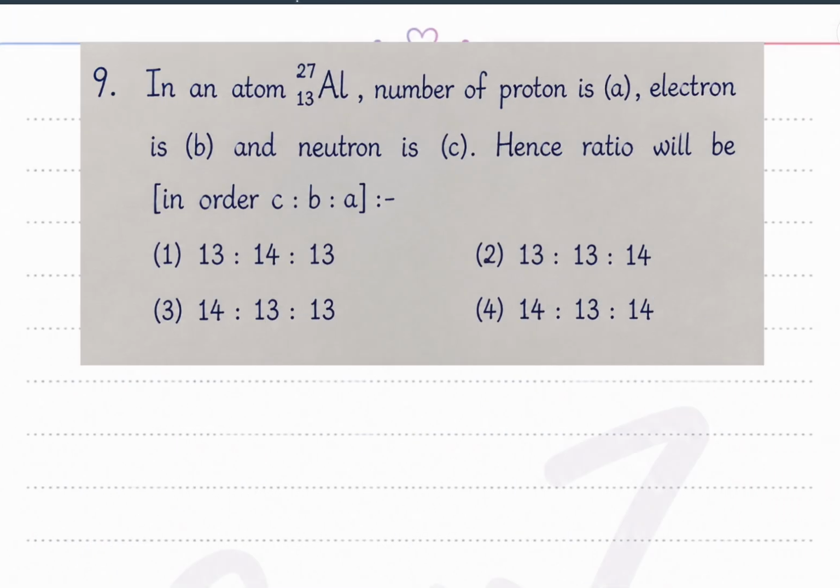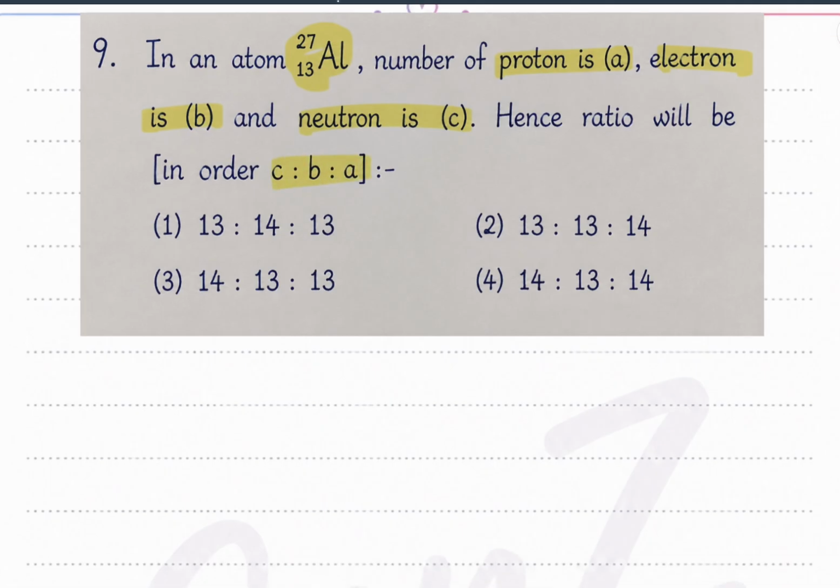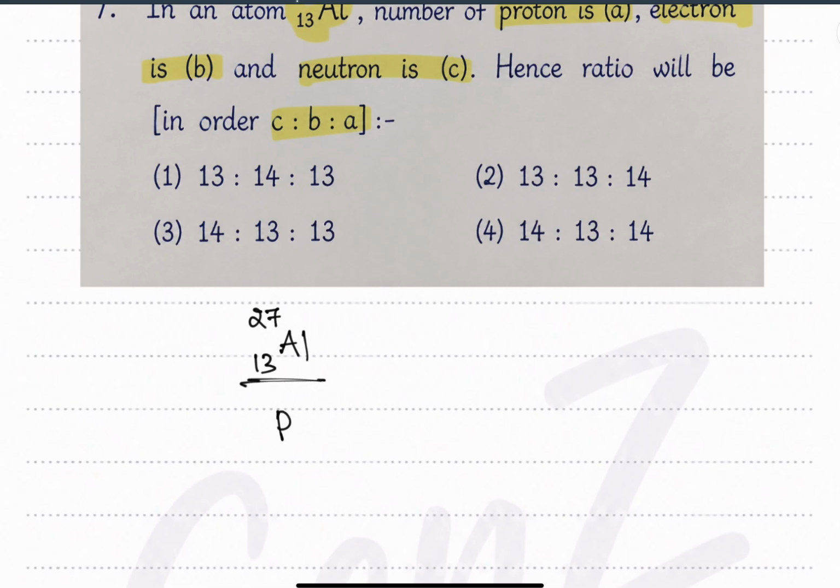Next question. In an atom of aluminum 27, the number of protons is A, number of electrons is B, number of neutrons is C. Hence the ratio of C is to B is to A. Let us see in the aluminum 27 isotope: number of protons is 13. It is a neutral atom, so the number of electrons is also 13.